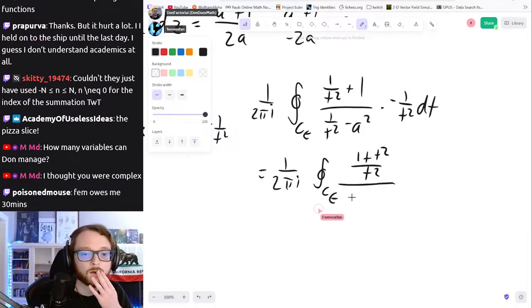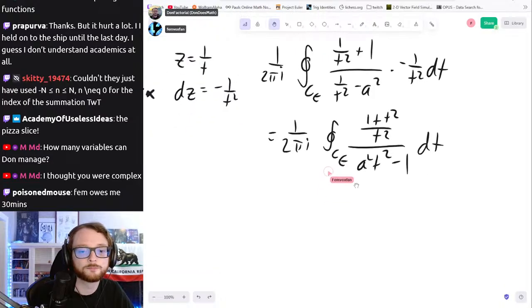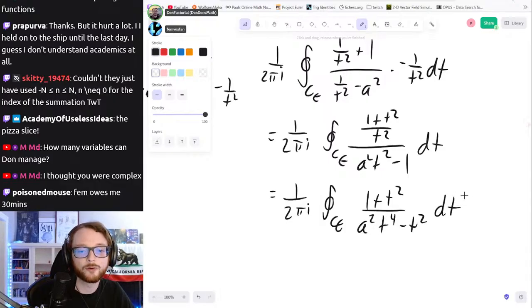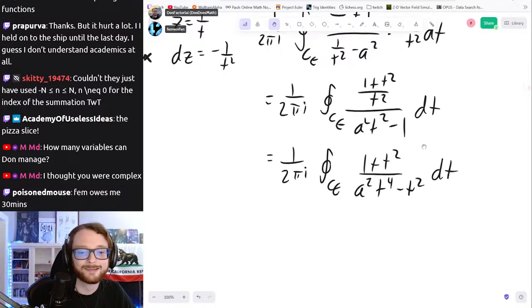Okay, we're going to get a squared t squared minus 1 dt, and then bring that down. Oh, we got a double pole at 0. Okay, well. The difference in the powers is 2, though.